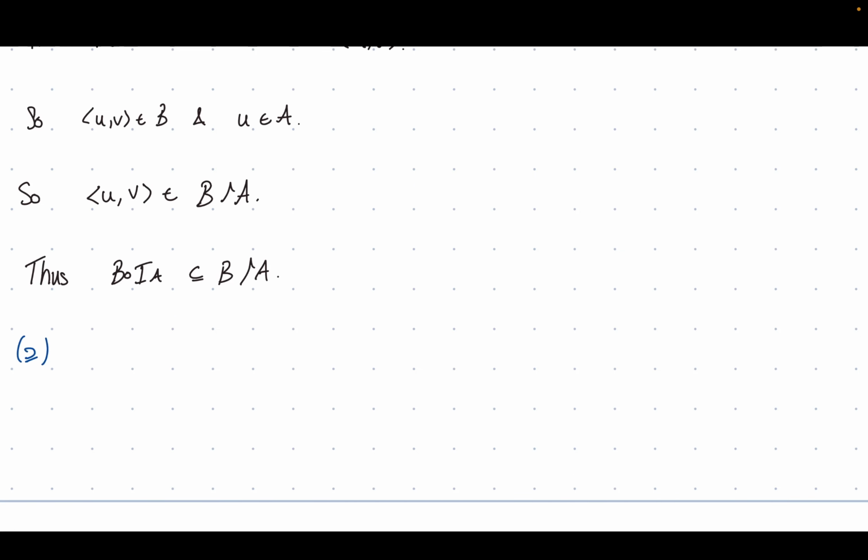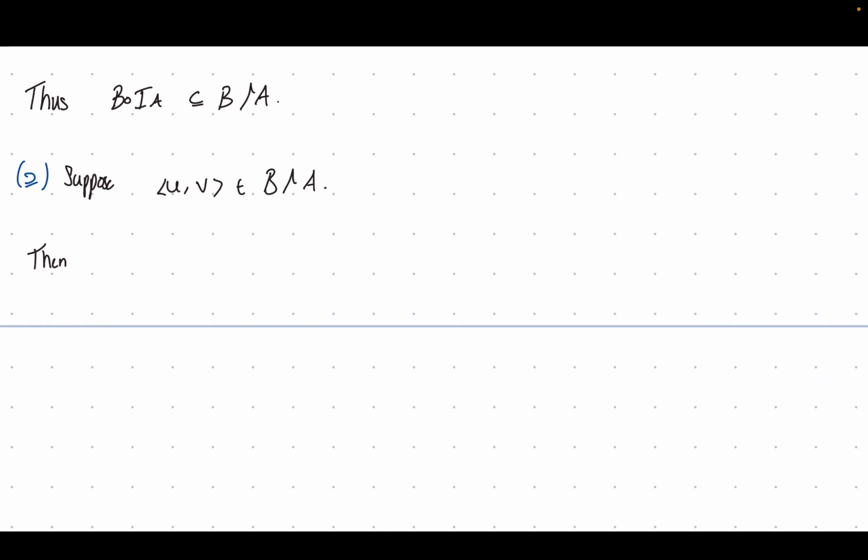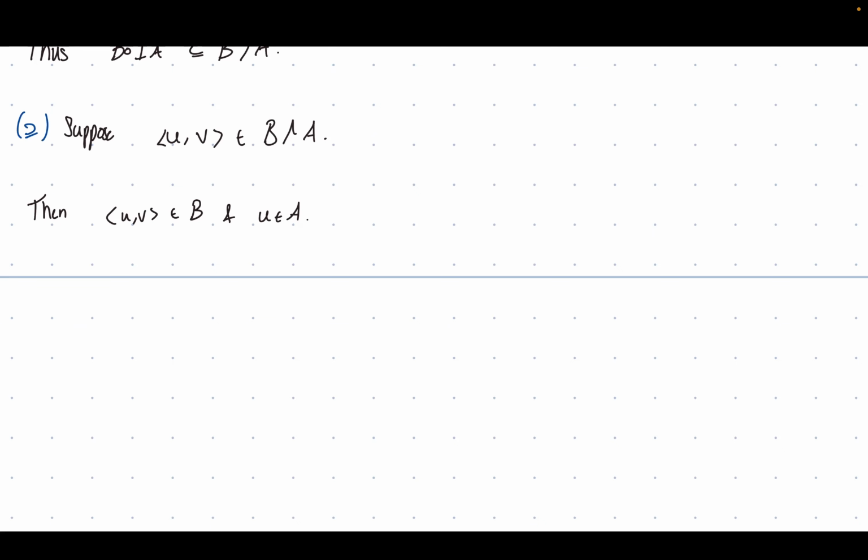Now for the other way around, let's suppose UV is in B restricted to A. Then UV is in B and U is in A. And let's just observe that for all x in A, XX is in IA.